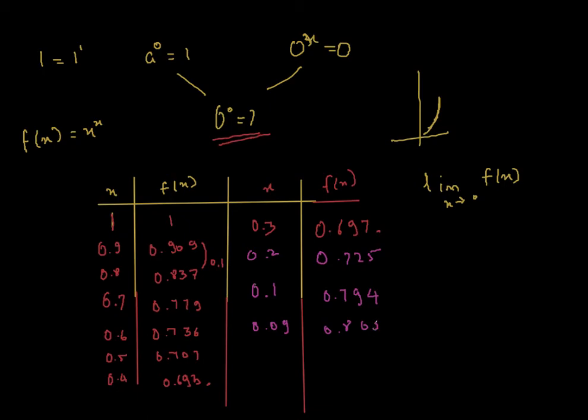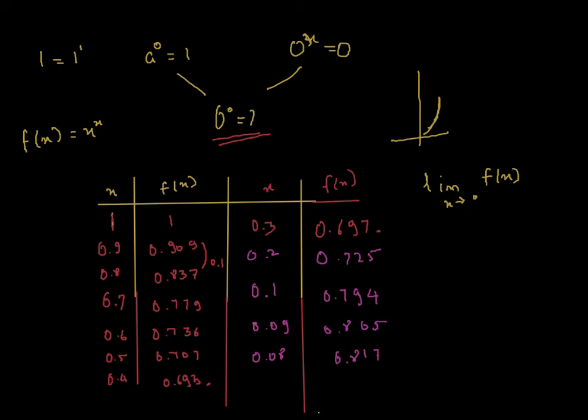That will be 0.805. What is 0.08 raised to 0.08? It is 0.817. As you can see, the numbers are again increasing rapidly as we are going down the line.